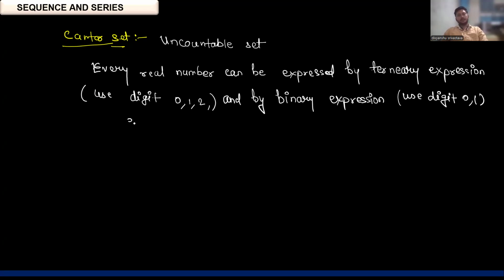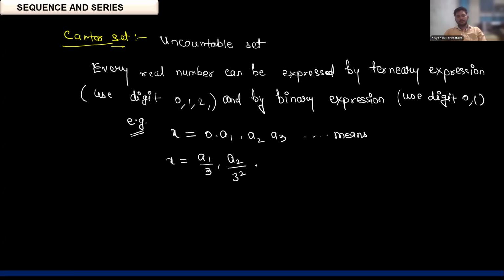So here is the ternary scale, and in the ternary scale, if you have an input like x equal to 0.a1 a2 a3, what does it mean? It means x equals a1 by 3, plus a2 by 3 squared, plus a3 by 3 cubed, and so on. So this is the ternary scale.